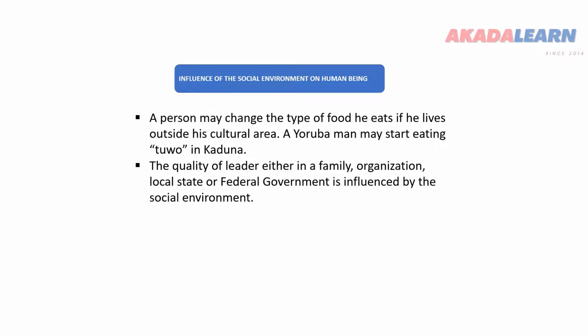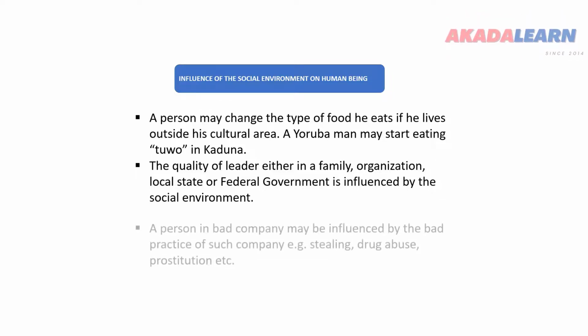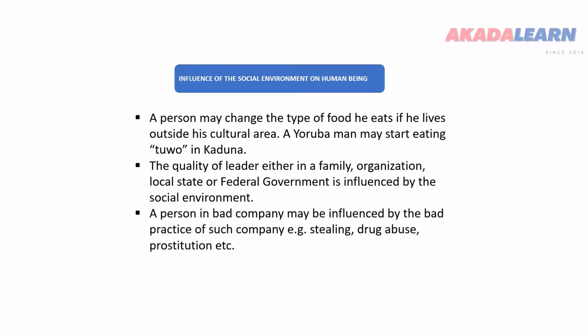A typical example is of a child who is sent to school, perhaps a boarding school, and then he mixes up with some set of bad company. Such a child tends to also execute such behaviors like stealing, drug abuse, prostitution, and so on. So our social environment can influence us either positively or negatively.